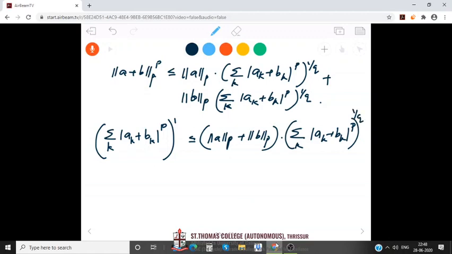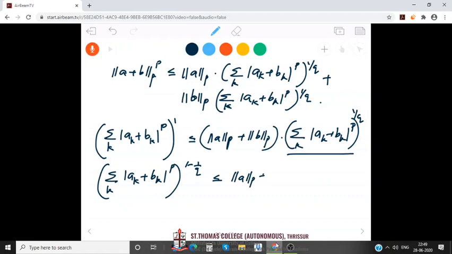So we are dividing both sides with this term, so that we will get summation over k |ak plus bk| to the power p, the whole raised to 1 minus 1 by q, is less than or equal to norm p of a plus norm p of b.